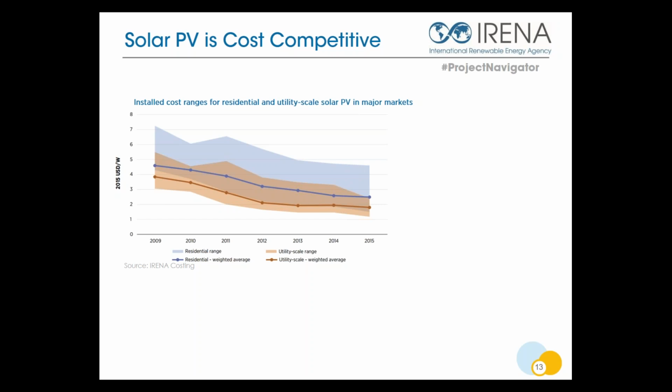The yellow brownish area at the bottom is for utility scale, and you see significant cost reduction over the last couple of years, and our analysis suggests that you will see continued cost reduction out to 2025, 2030.